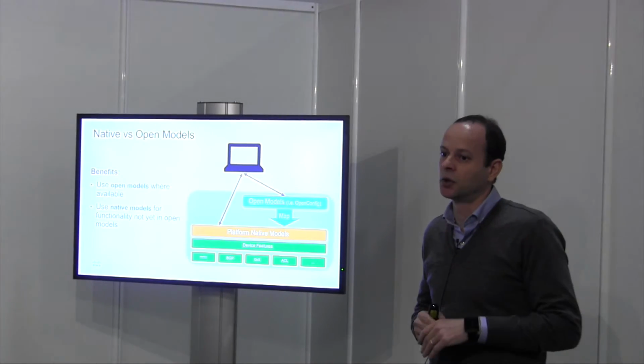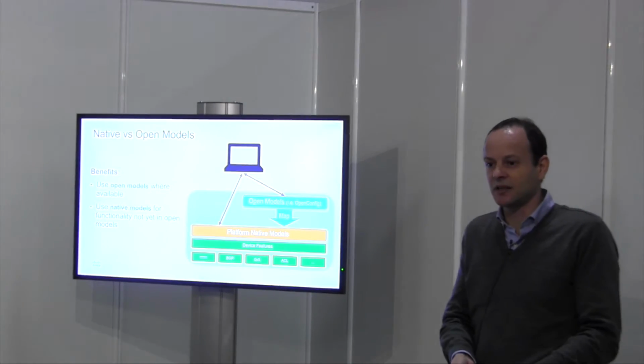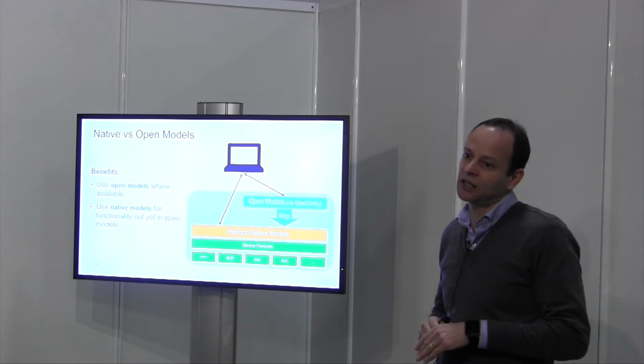There's going to be native models forever, right? Realistically, yeah, there will always be native models, because there are some features that won't be available in the open world. There are some features that are specific to the operating system and to the Cisco device, so we can even use the open models and augment them with a Cisco-specific one, but there will always be the native ones.